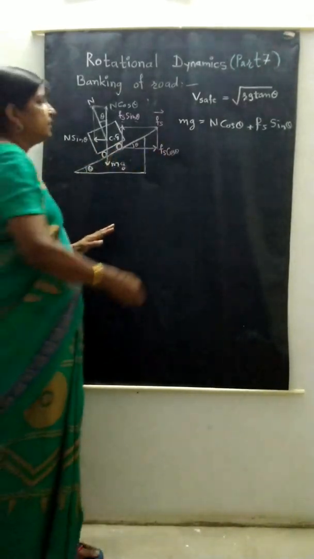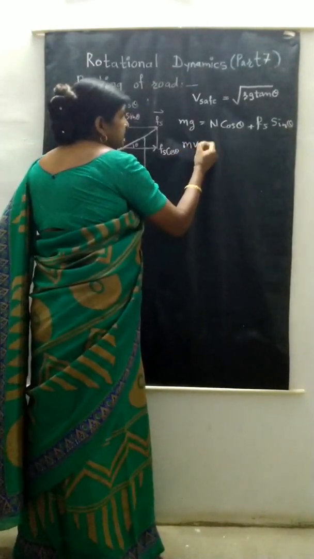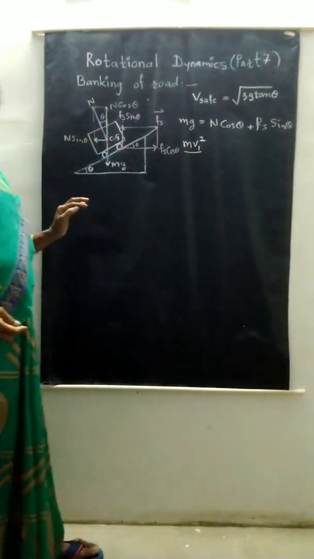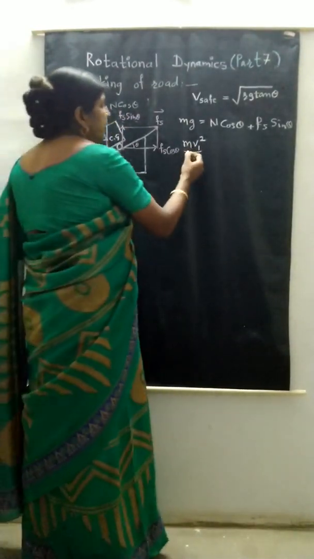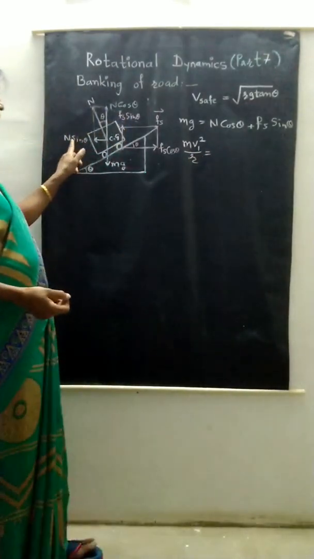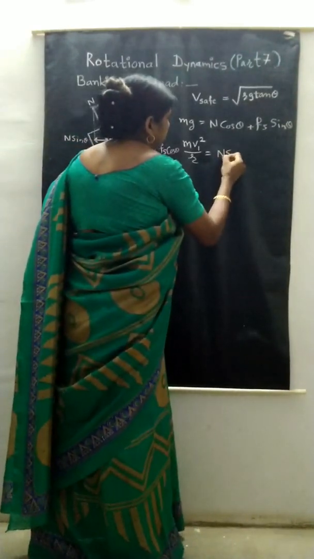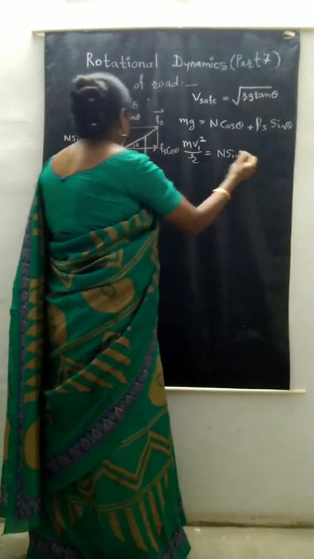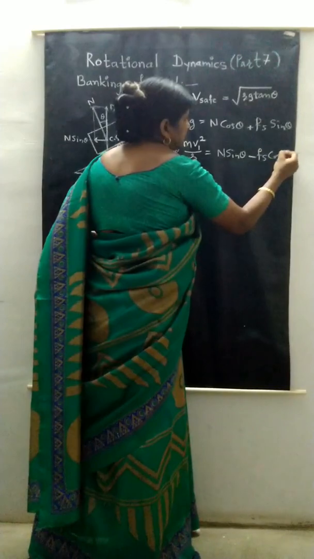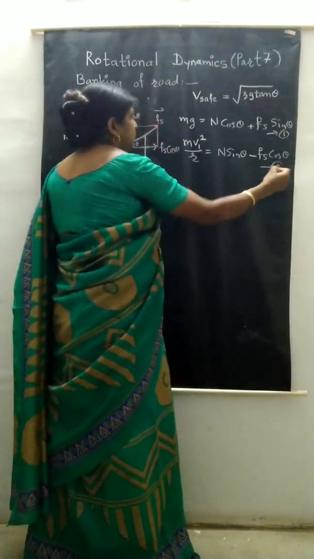So the resultant centripetal force, in this case let V1 be the velocity with which the vehicle is being driven, so m v1 square upon r is equal to the subtraction of these two forces, n sin theta minus fs cos theta. This is equation number 1 and this is equation number 2.